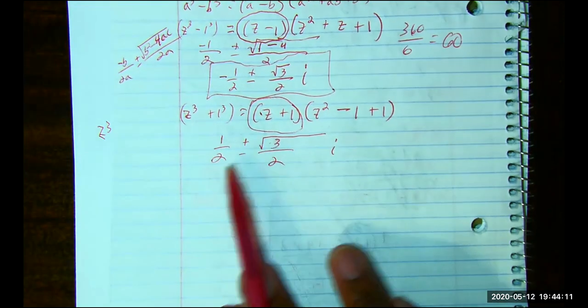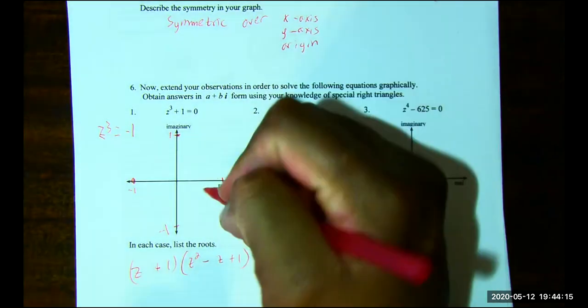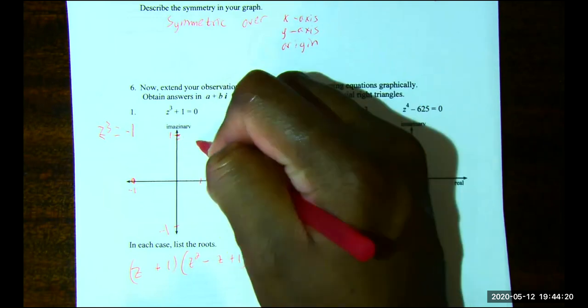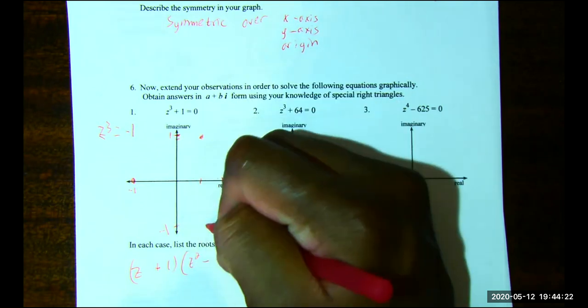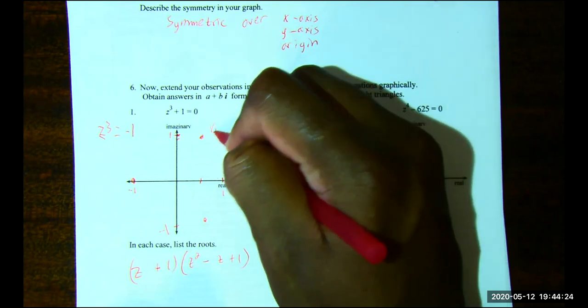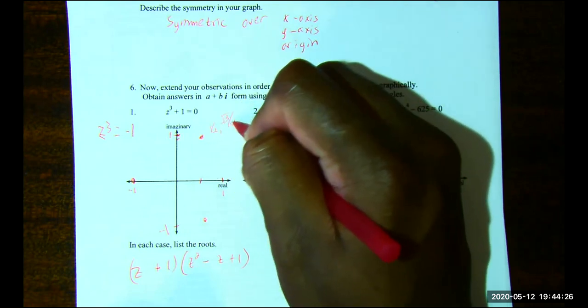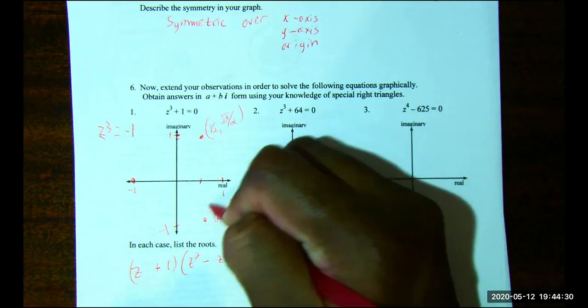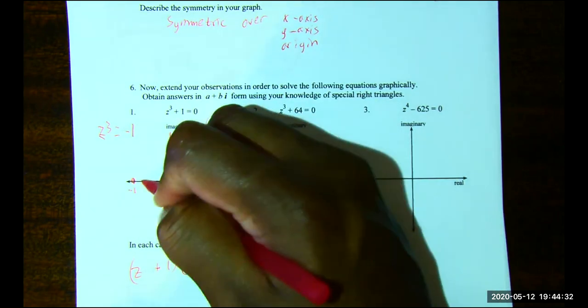In the previous example, when I solved this, I got 1/2 plus or minus square root 3 over 2. So we go out to the right, positive. That's why it's still imaginary. I'm going to label this just to cover all bases: negative square root 3 over 2. We have our three solutions.